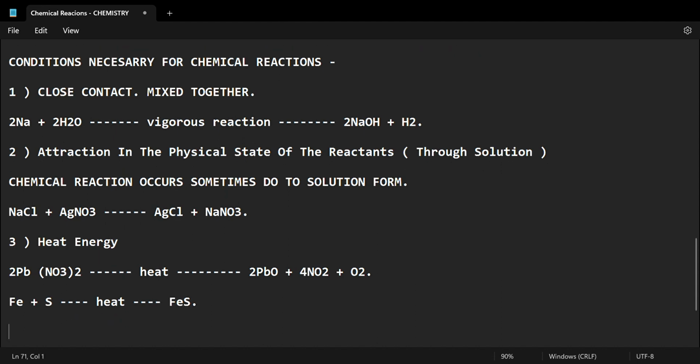Now, the fourth one is light energy. Some chemical reactions can take place only in the presence of light. They are called photochemical reactions.